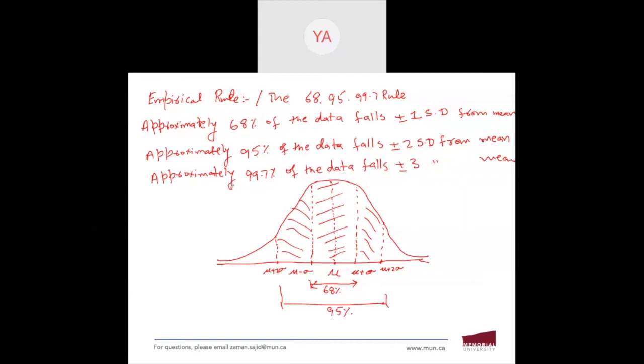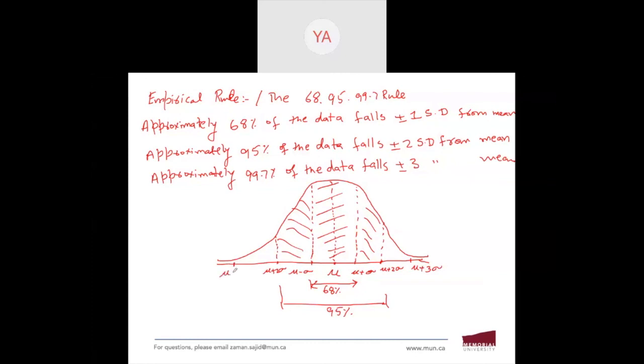Now similarly, the third rule says approximately 99.7% of your data falls within plus minus 3 standard deviations from the mean. So this is my mean here, and this is 3 standard deviations: mu plus 3 sigma on the right of the mean, and mu minus 3 sigma on the left of the mean.